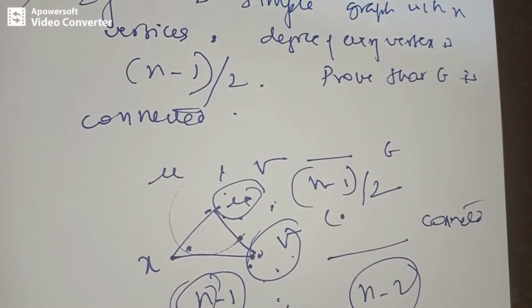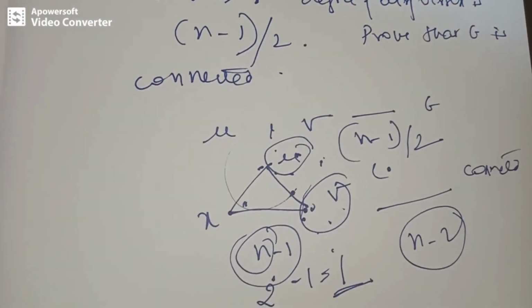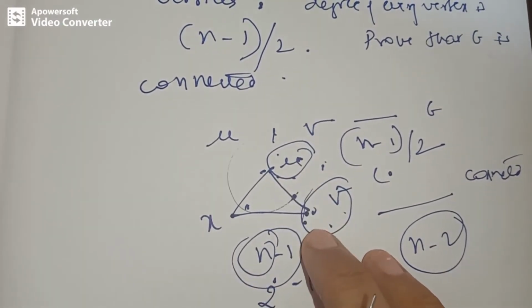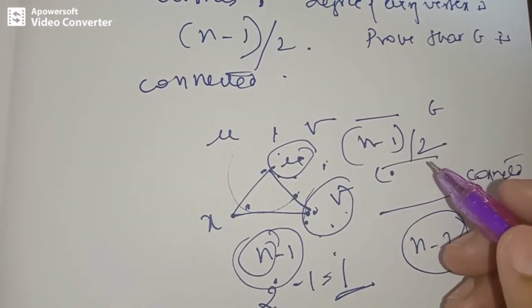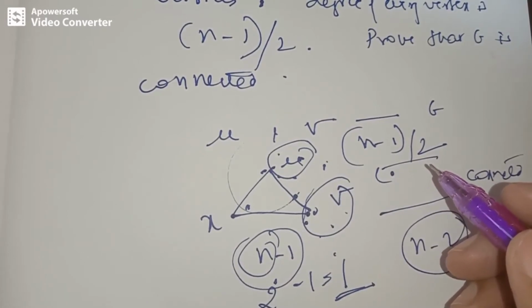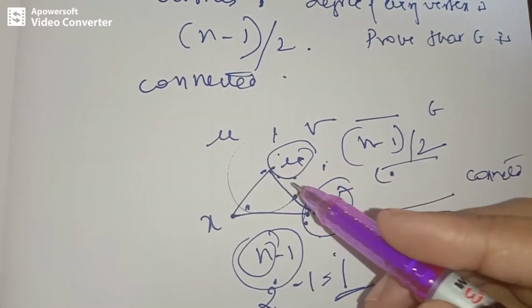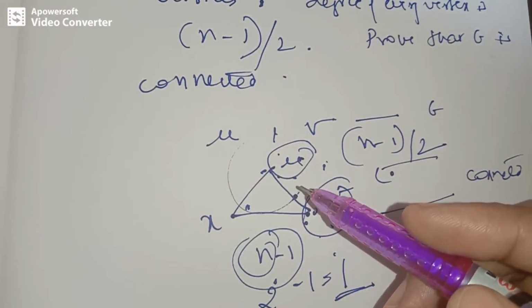So, for this proof, we are taking 2 vertices u and v, and if they are adjacent, then they must be connected. Otherwise, they will have at least (n minus 1) by 2 neighbors each. Because if we take u and v together, how many neighbors may they have?